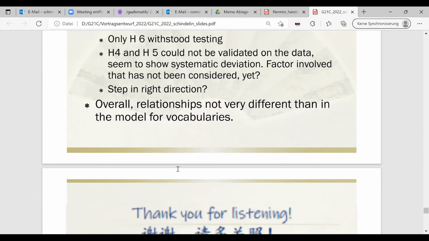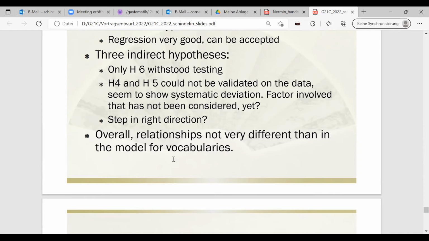Overall, I have to say, looking back at the studies done on vocabularies, they had similar problems. They had the same hypotheses shown to be problematic and not have very good prediction, which is another point to say there are certain places where this model needs to be improved upon to be better in predicting the hypothesized dependencies.